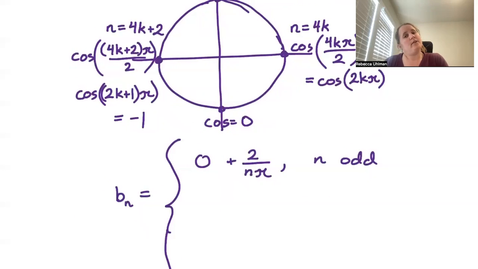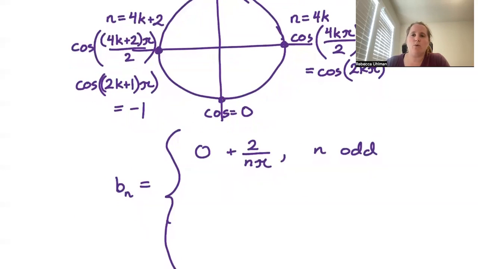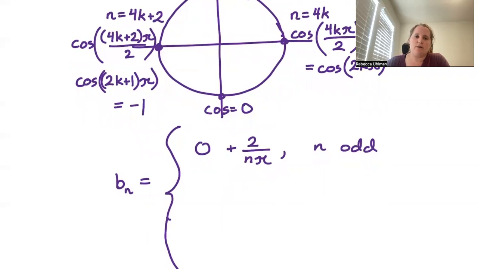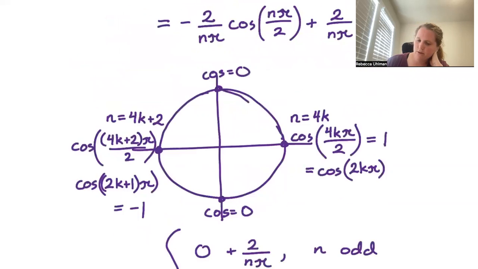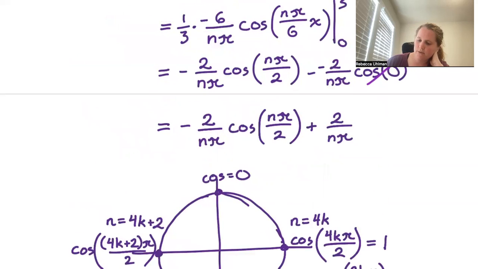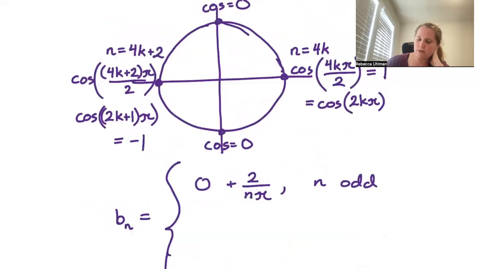For n being a multiple of 4, we have 1, so we wind up getting 1 times negative 2 over n pi plus 2 over n pi.